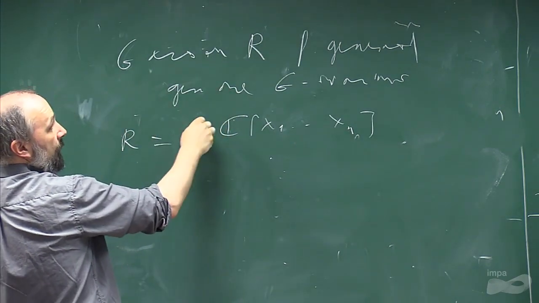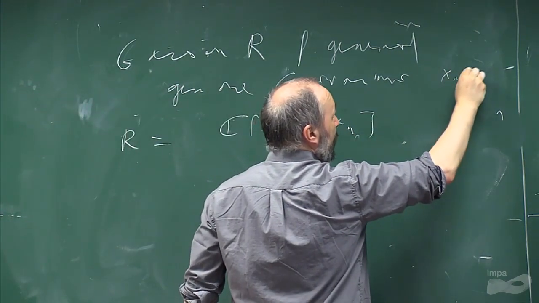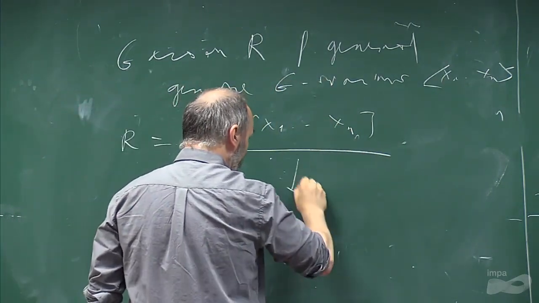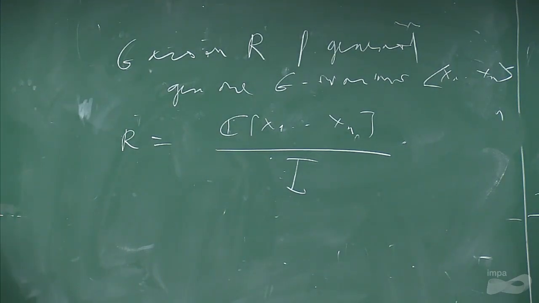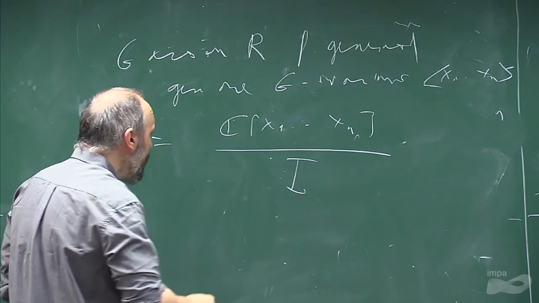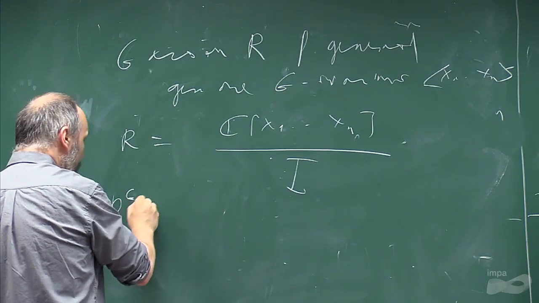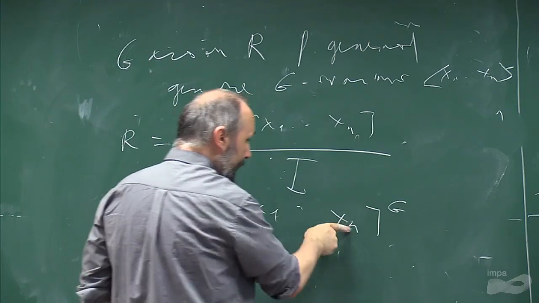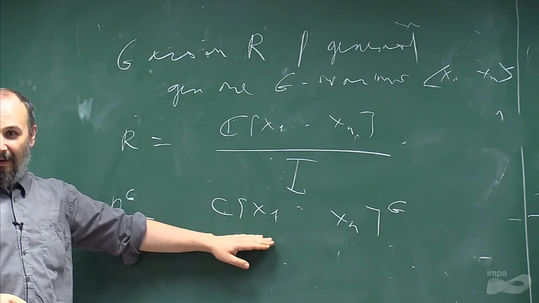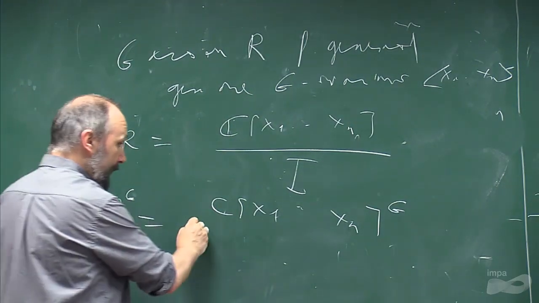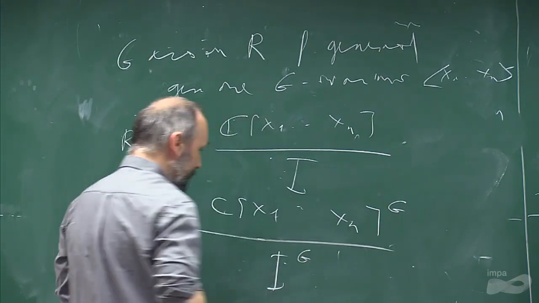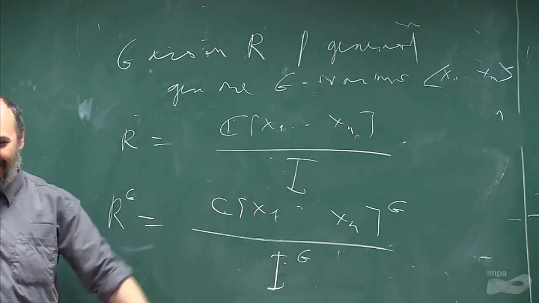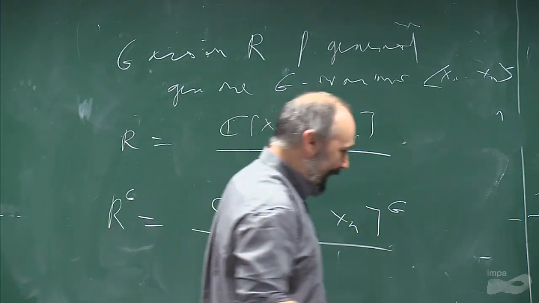This is our generators, x1 through xn. This is the space of generators, quotient by some ideal I. Good. Then R^G is the quotient of C[x1, ..., xn]^G. This is already finitely generated, as we proved on the previous slide. Quotient by an ideal doesn't matter, because this is Noetherian already, so the ideal is finitely generated.